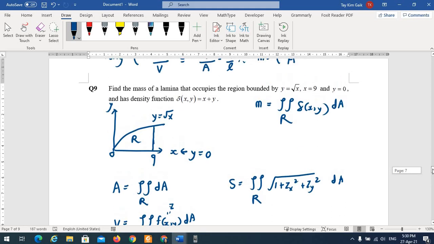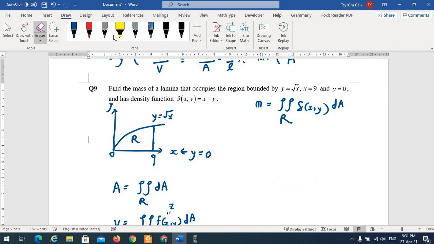So now we move back to this question 9. Our integrand is the density function, which is x plus y. Use dy dx, so x from 0 to 9, y from the x-axis, which is 0, up to y equals square root of x. Delta(x, y) is given by x plus y, dy dx.